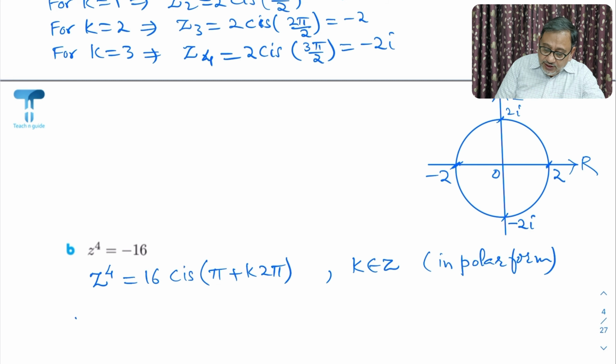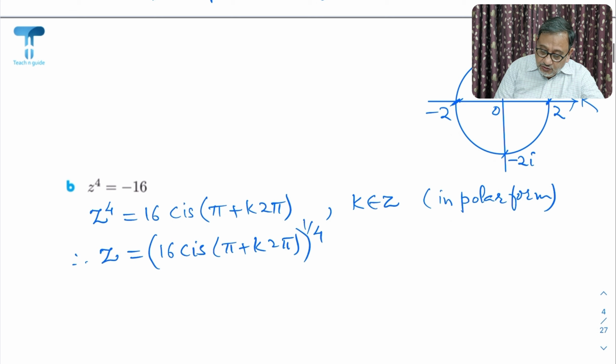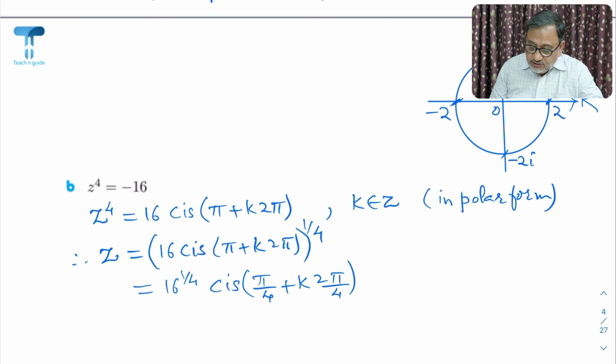Therefore, z will be [16 cis (pi plus k into 2 pi)] to the power 1 by 4, right? Because we want to find the 1 by 4th roots. So 16 will take that power 1 by 4, and the cis angle will get multiplied by 1 by 4. So pi by 4 plus k into 2 pi by 4. I'll keep it as it is because both will have the same denominator 4, so it will be easier for you to simplify.